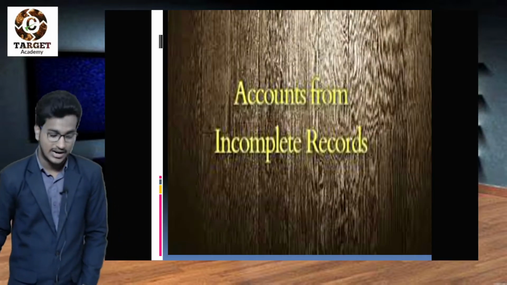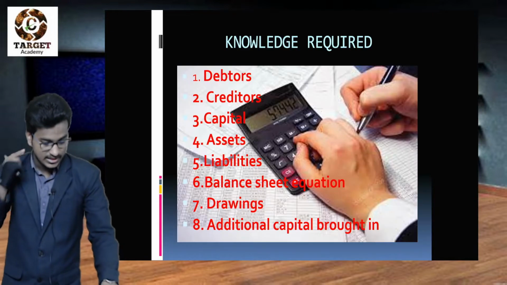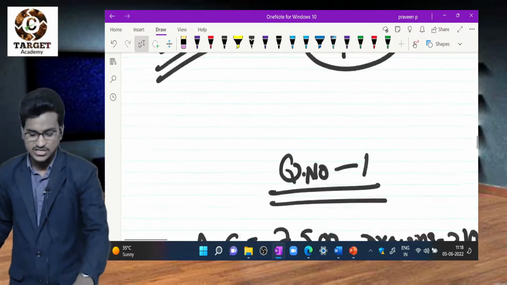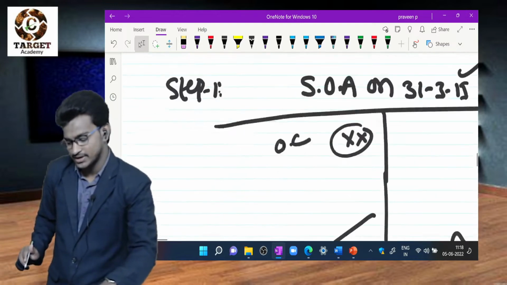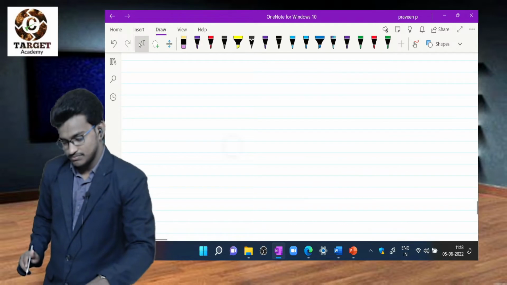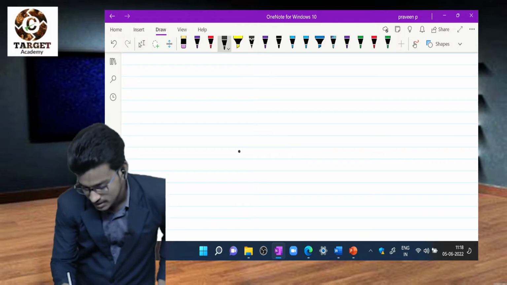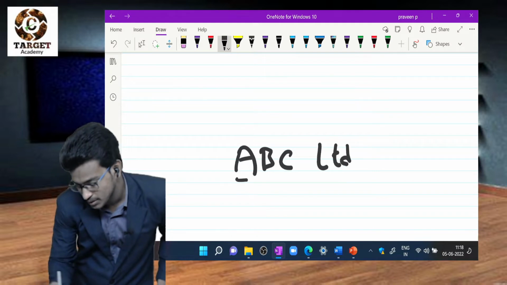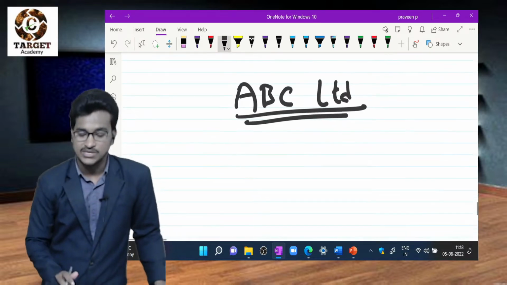The chapter called incomplete records, that is called single entry system. Before that, let us discuss the background of incomplete records. For example, let us take ABC Limited, a company. We want to know the profit of ABC Limited.